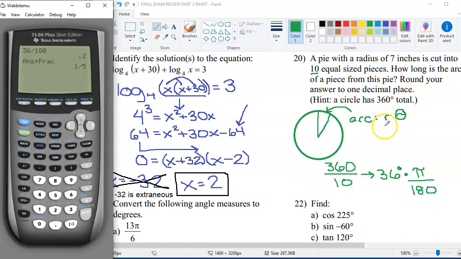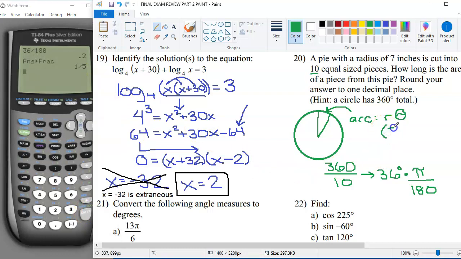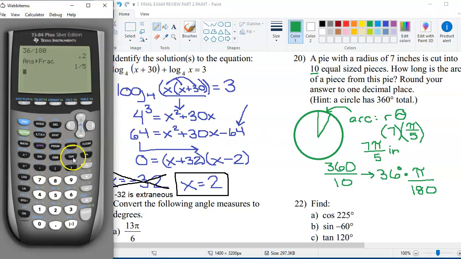So that means the radius is 7, and the angle, put the pi back now, is pi over 5, 1/5 pi. Which means my arc length is 7 pi over 5 inches. It did say decimal to the nearest 1 decimal place, nearest tenth, so I am going to throw it in the calculator.